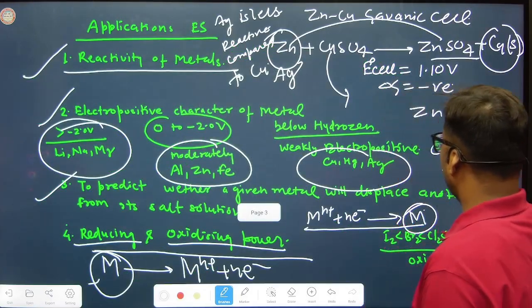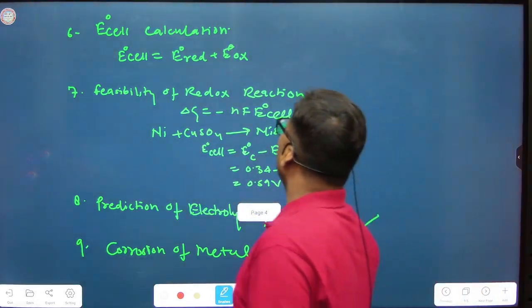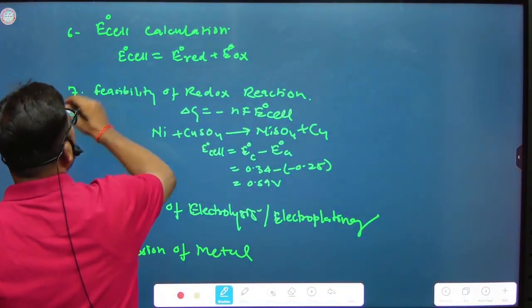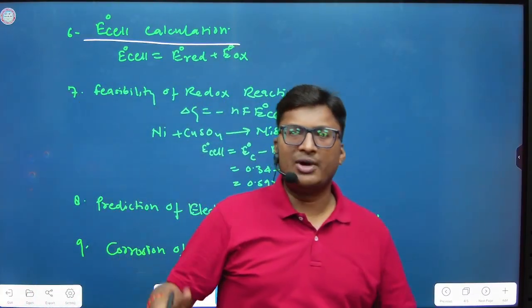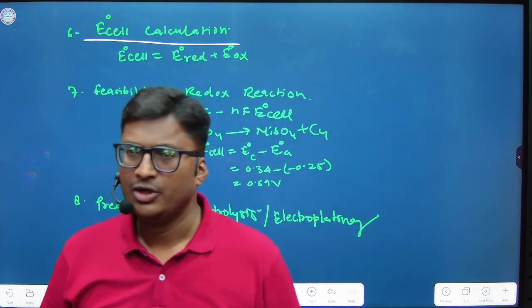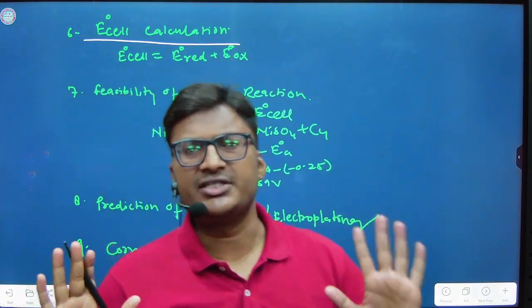Now the fourth point is clear. Now the fifth point, E cell calculation, right? Suppose we have any electrochemical cell, either a galvanic cell or an electrolytic cell. We can easily calculate the complete cell potential through the half cell reactions.